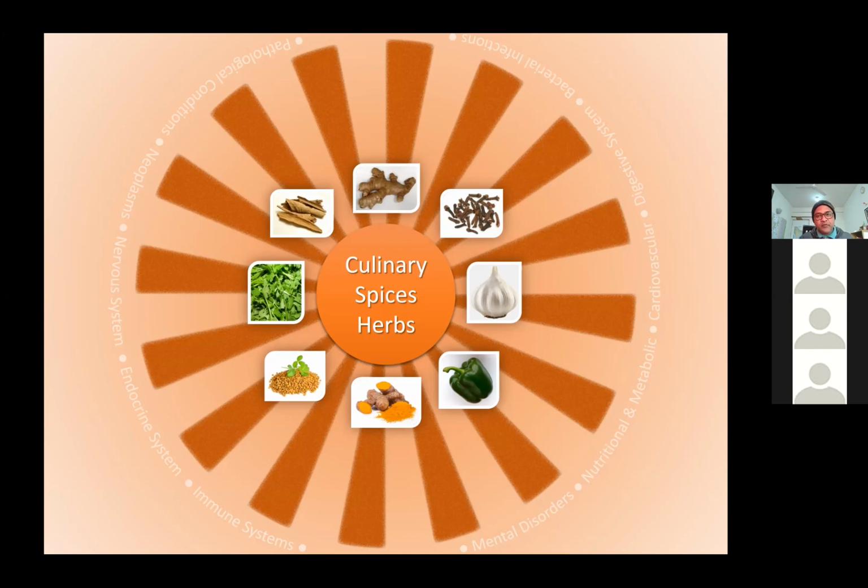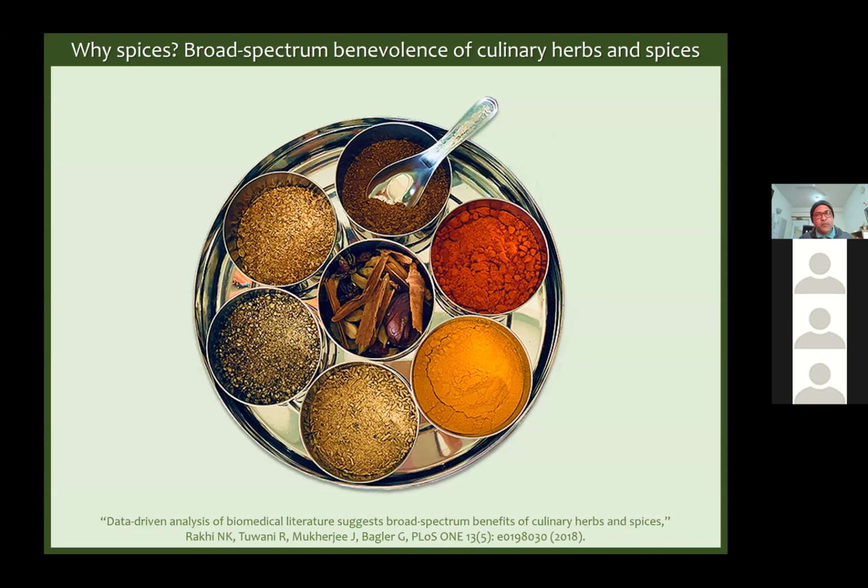We showed this in a paper published way back in 2018, that the broad spectrum benevolence of culinary herbs and spices can be concluded by looking at a large amount of data and doing data-driven analysis of this biomedical literature.